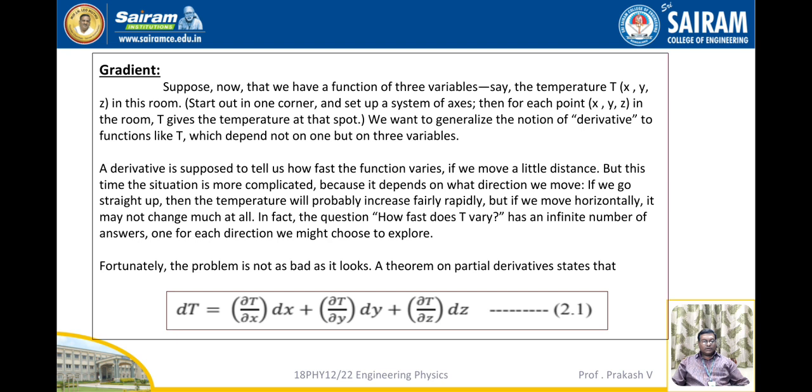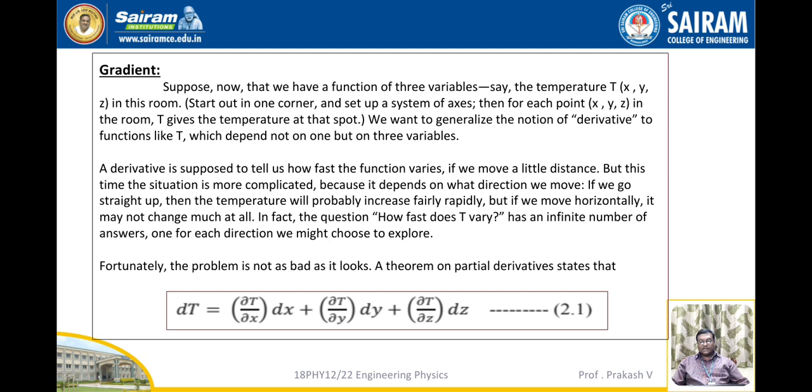Suppose now that we have a function of three variables, say the temperature T of x, y, z in a particular room. Then each point in the room, T gives the temperature at a particular spot.